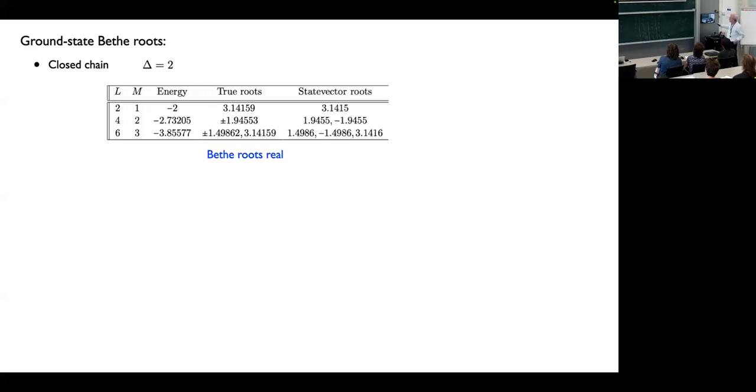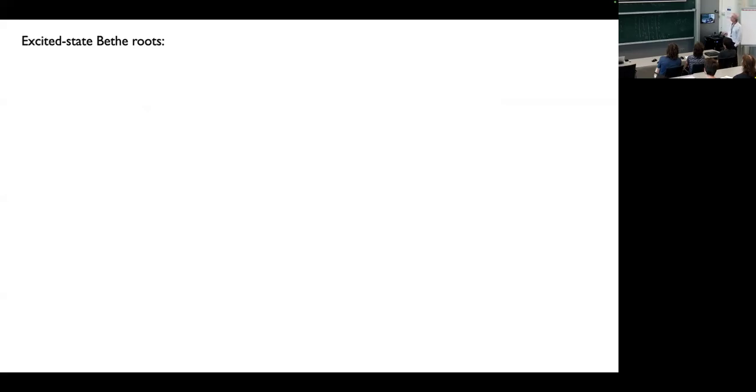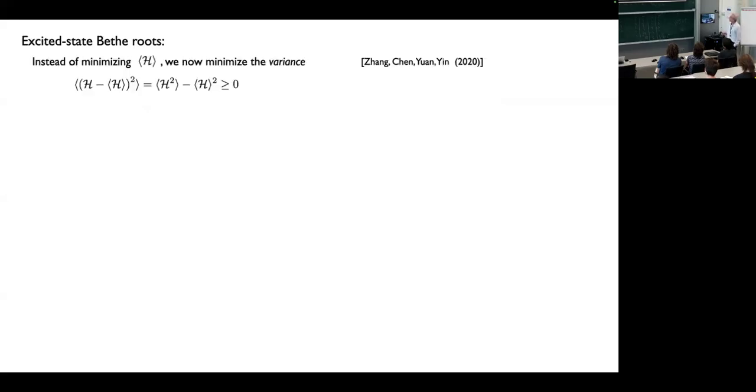Using this VQE approach with the state vector simulator, the results are almost the same for the Bethe roots, so it worked very well. Using shots, the results are not as good, but still in fairly good agreement with the true roots.